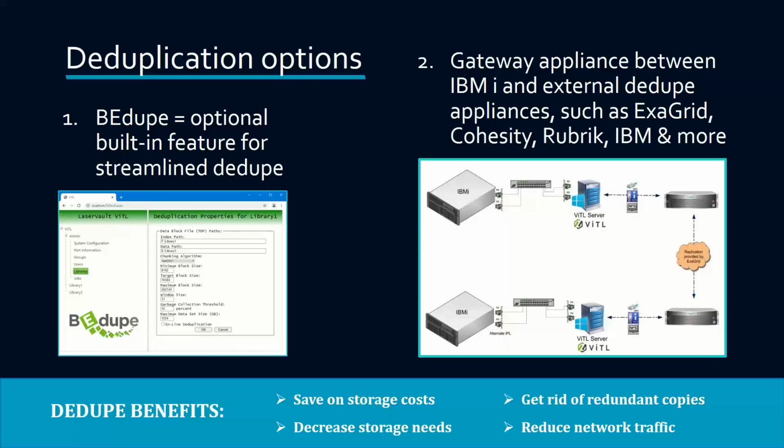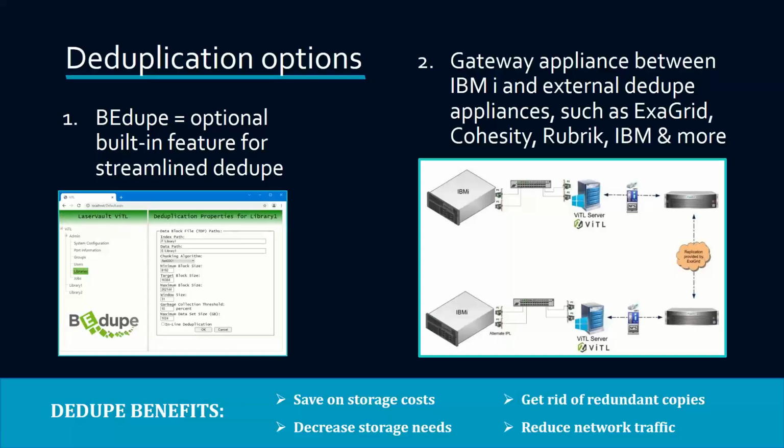I also mentioned earlier deduplication backup appliances that LaserVault can connect to and use as storage for your IBM i backups. Many of our customers are saving to Cohesity, Rubrik, Exagrid, IBM's Data Protect, and many others, for the different SAN or NAS solutions that can be used to save your IBM i backups.